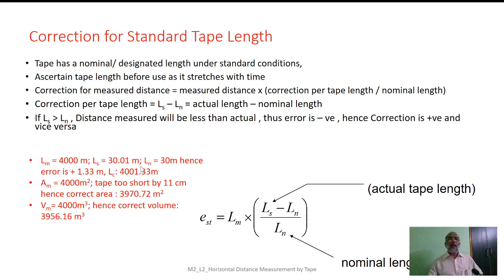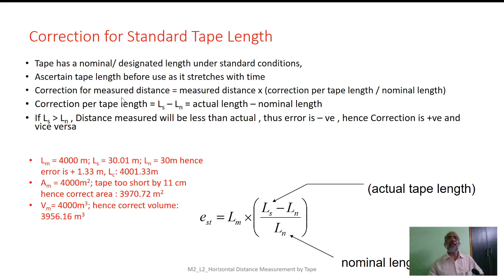Here, the same concept can also be extended in order to correct the corresponding areas and volumes. Say for example, the correction for measured area can be given by the measured area into this bracket squared.